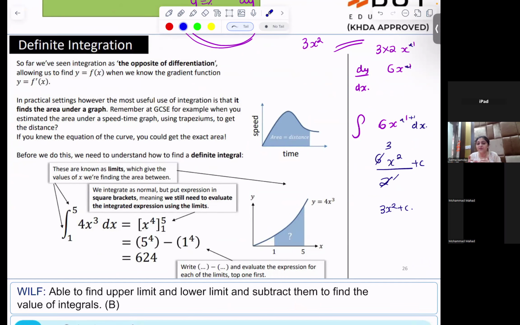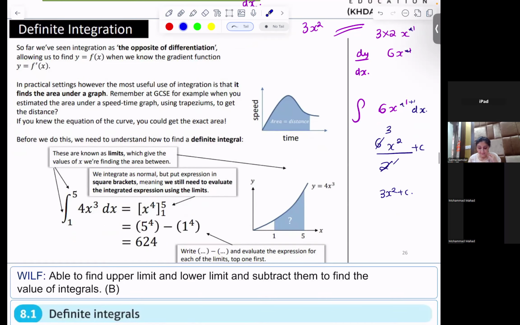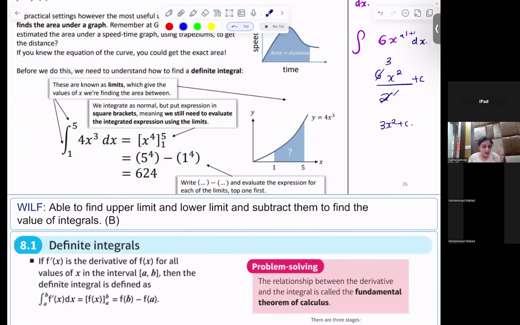And if we have a certain limit, the integration that we do is called the definite integration. You're going to integrate it as normal, but the only thing is that we will not have a constant c added. I hope you're with me.